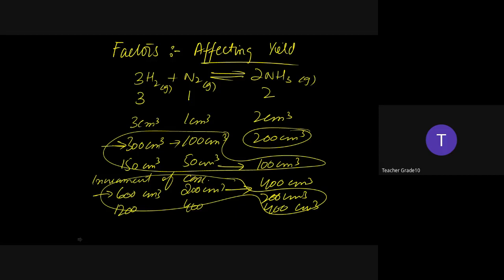One more thing that you can do is the removal of product. For example, if you have 1200 cm³ hydrogen and 400 cm³ nitrogen, and you produce 800 cm³ ammonia, definitely half will be consumed and half produced, because of dynamic equilibrium. So you can take it out, you can withdraw it.